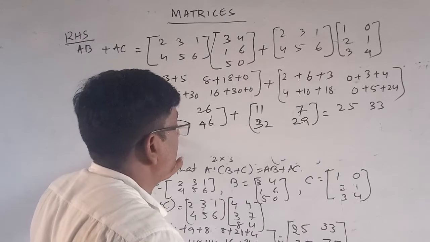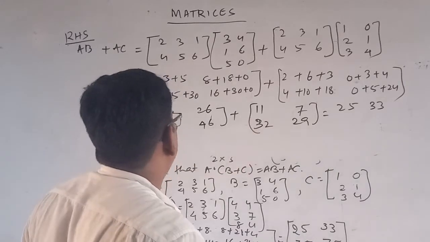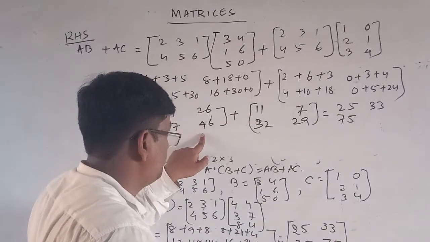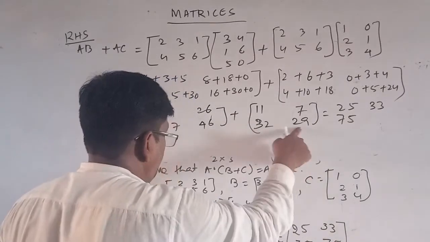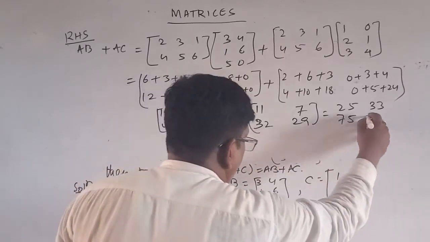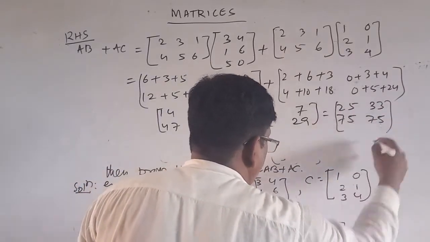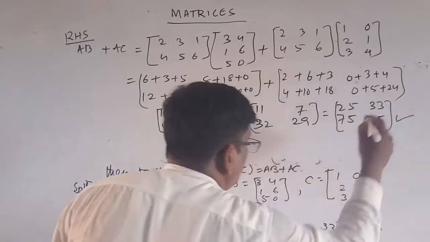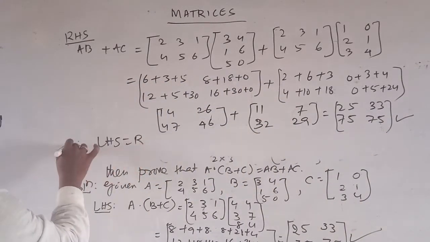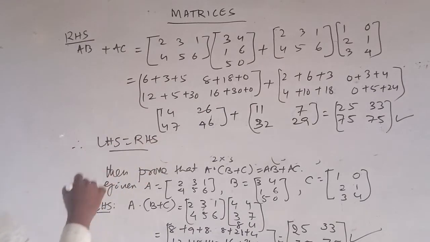Then 47 plus 32, 75, and 46 plus 29, 75. So LHS is equal to this, RHS equal to this, therefore LHS is equal to RHS. Okay, now some more properties.